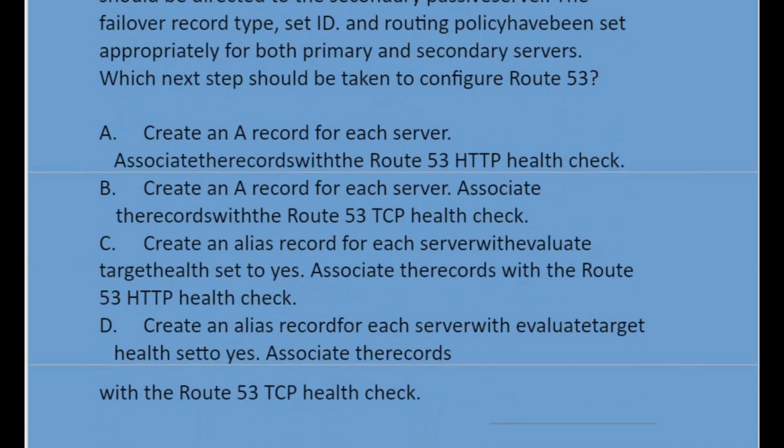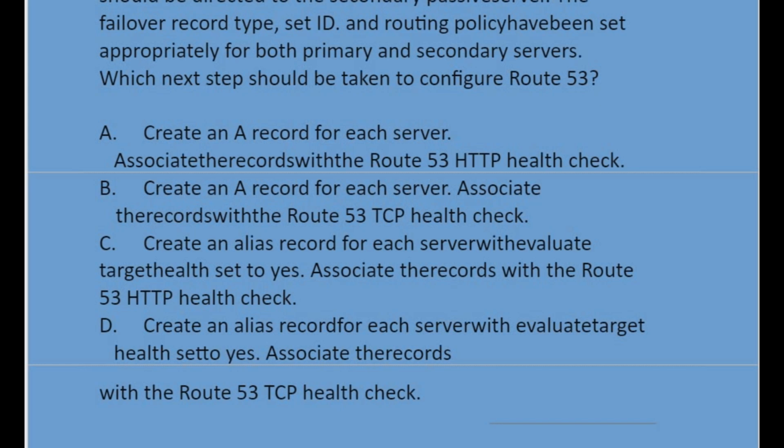Option A, create an A record for each server. Associate the records with the Route 53 HTTP health check. Option B, create an A record for each server. Associate the records with the Route 53 TCP health check. Option C, create an alias record for each server with evaluate target health set to yes.